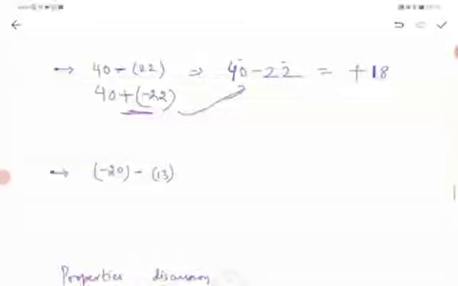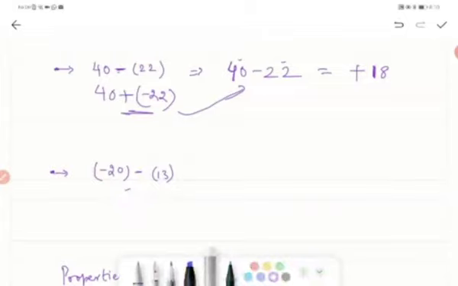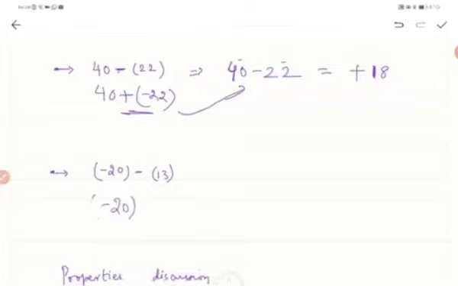Next problem: I have minus 20 minus 13. Going directly, minus 20 minus 13, you are going to add both the numbers. Let me take one more step. According to the rule of addition, first convert this into the additive inverse. Plus 13 will become minus 13. So you have two integers which are negative. Add them.